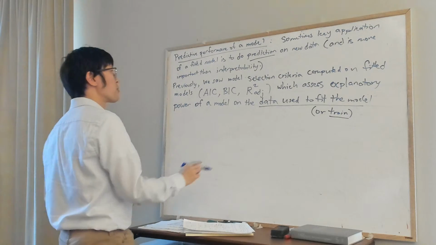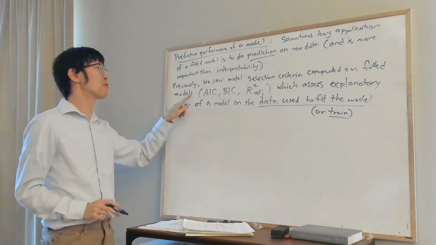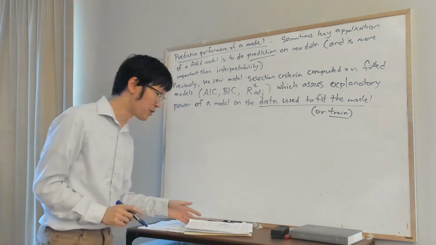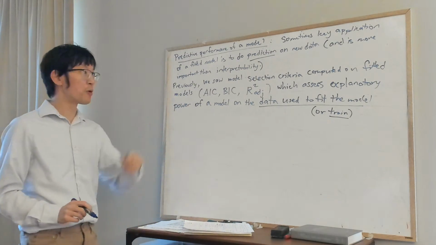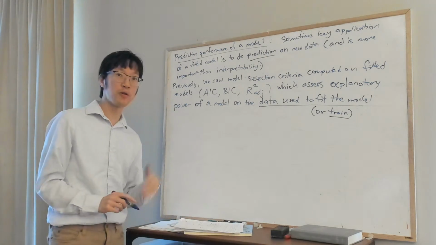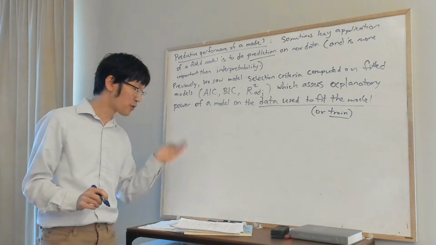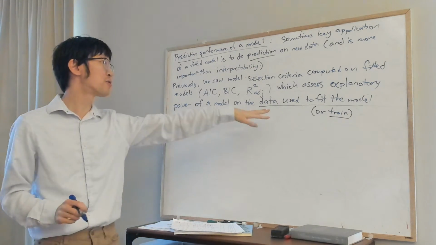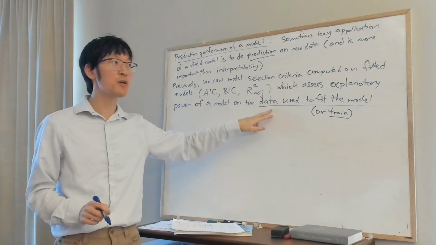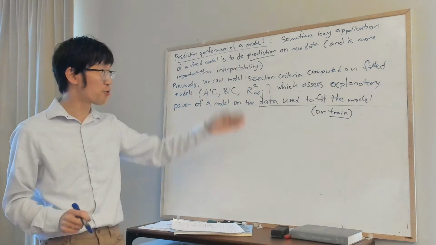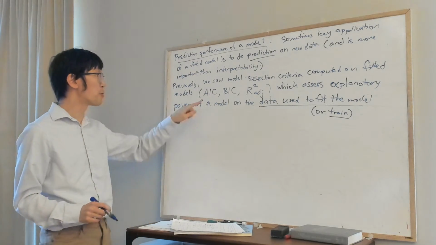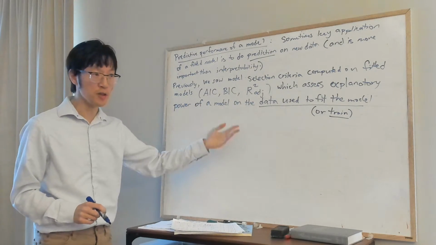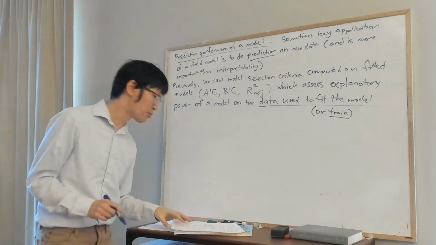One of the problems of having a model with lots of variables, as we mentioned before, is overfitting. Overfitting is when we throw in so many variables that we're actually modeling some of the noise. There's no predictive power, and that can lead to a very good fit of the data, but not necessarily good predictive performance on new data. Implicitly, each of these model selection criteria introduced a way of penalizing having too many parameters.